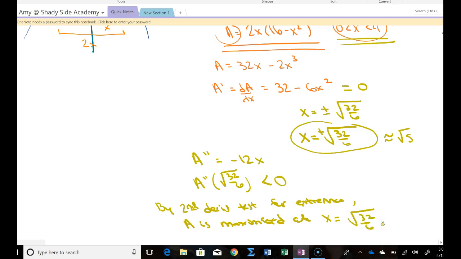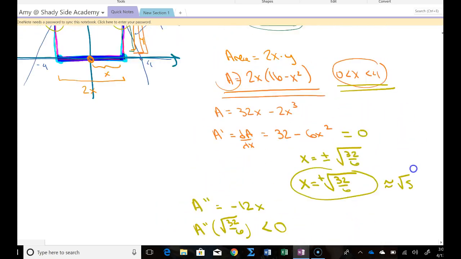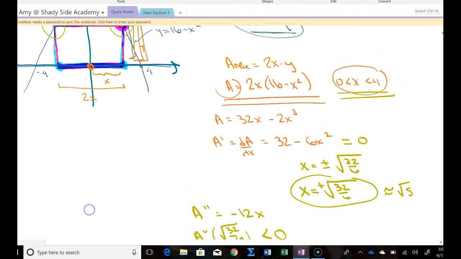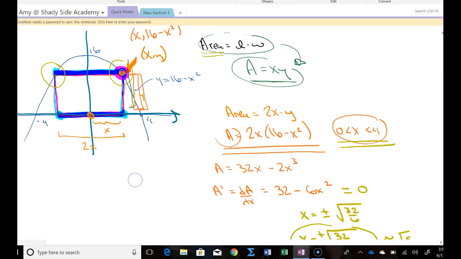Now we've done the calculus. Now we go back and make sure we answer the question. The question is asking, what are the dimensions of the one with largest area? I haven't answered that question yet. So if x is radical 32/6, the rectangle's dimensions will be, we said this dimension is 2x, so it's 2 times radical 32/6, by what's this dimension?